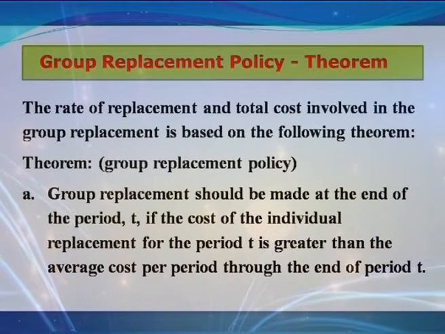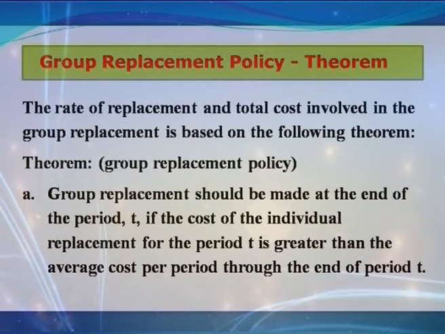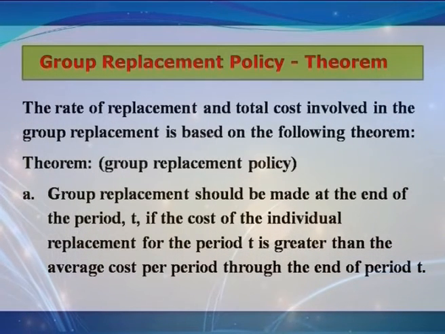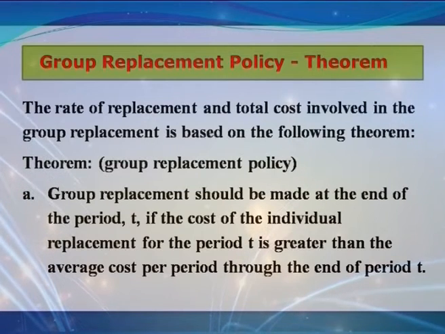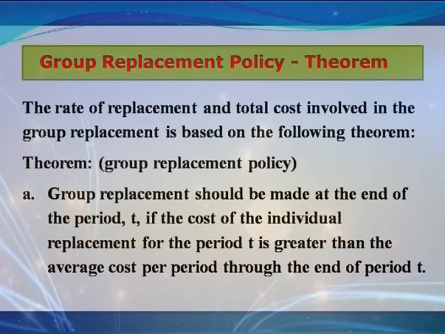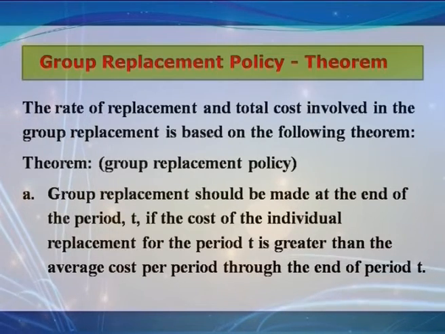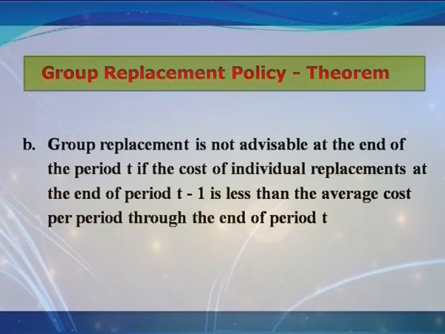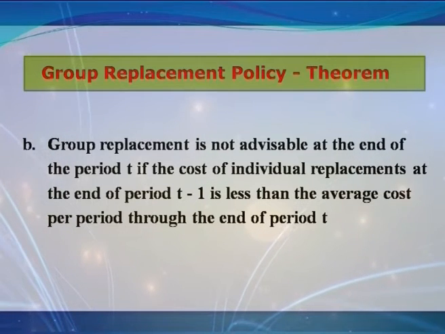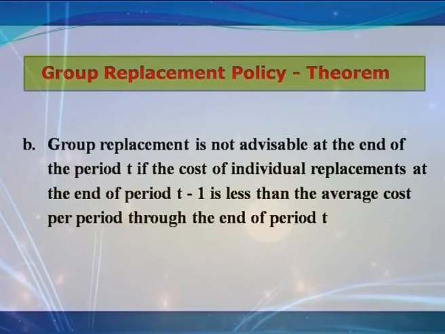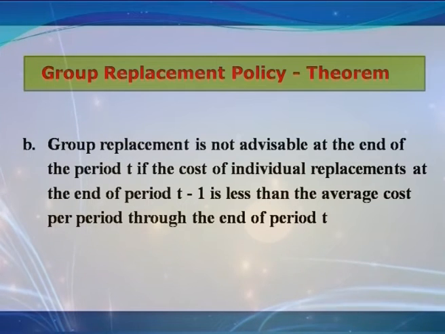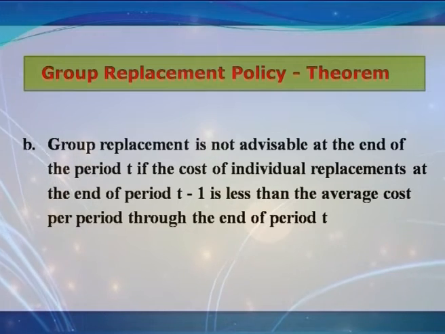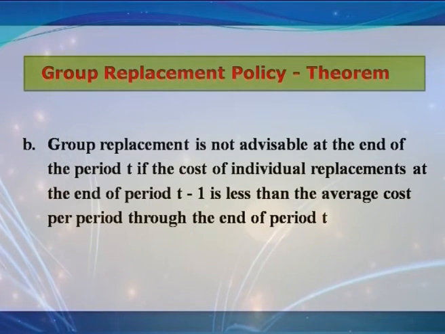A group replacement should be made at the end of the period T if the cost of the individual replacement for the period T is greater than the average cost per period through the end of period T. Group replacement is not advisable at the end of the period T if the cost of individual replacements at the end of period T minus 1 is less than the average cost per period through the end of period T.